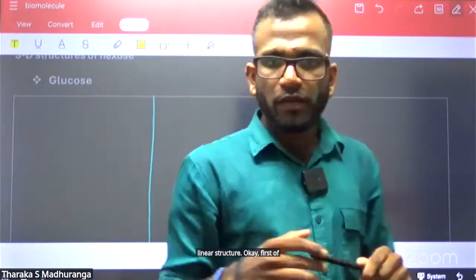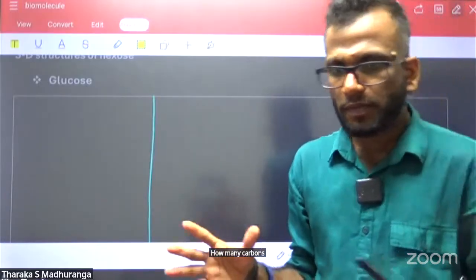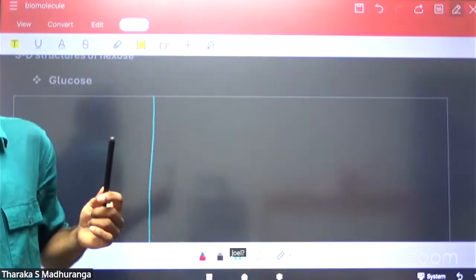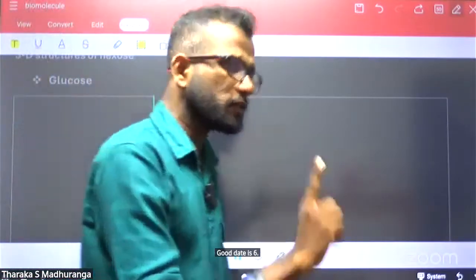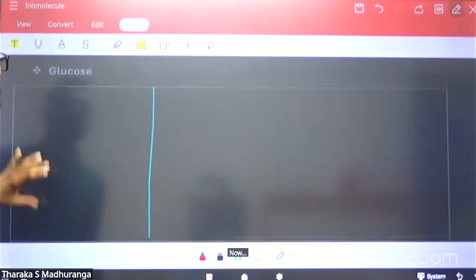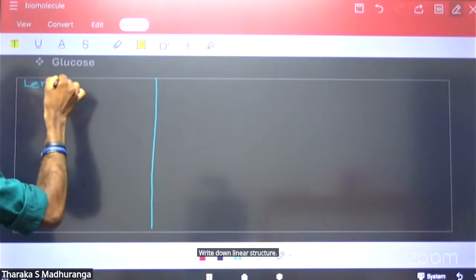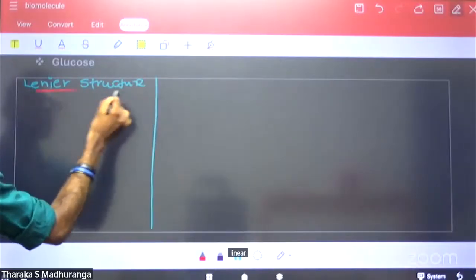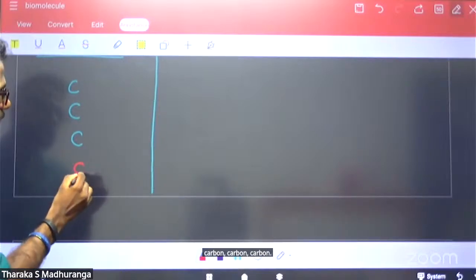First of all, is glucose a hexose, triose, or pentose? How many carbons are in glucose? Good, it is 6. Therefore, it is hexose. Now write down the linear structure: carbon, carbon, carbon, carbon, carbon, carbon.